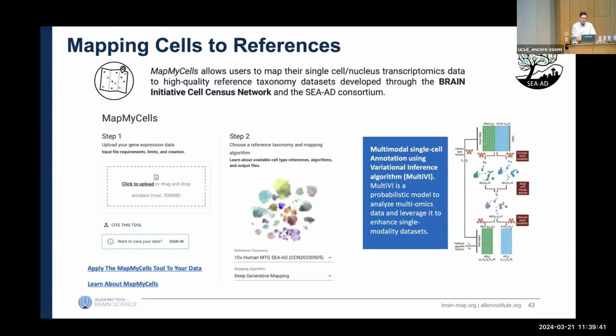I talked about mapping cells to references. We have a tool now that you can go online and use. We call it Map My Cells. If you have a set of data, your data would be given in the form of a FASTA file or something like that. It would basically be a list of sequences, and these sequences would just be genes that you knew or believed to be expressed, and you import them into our tool.